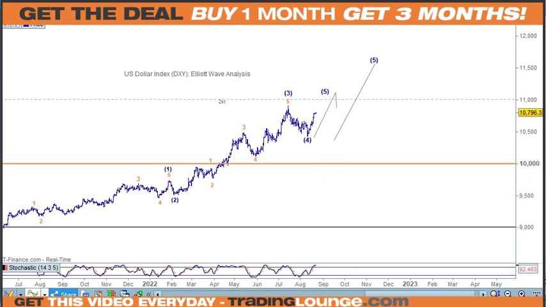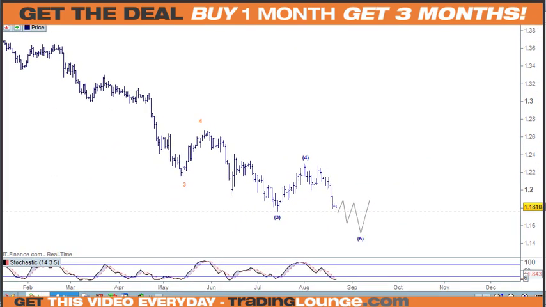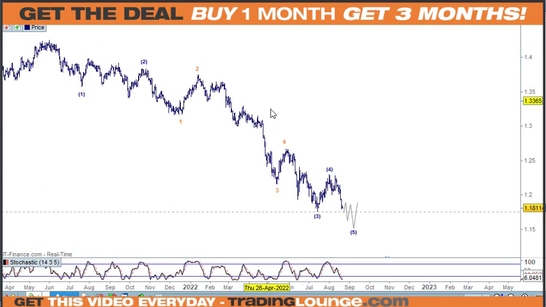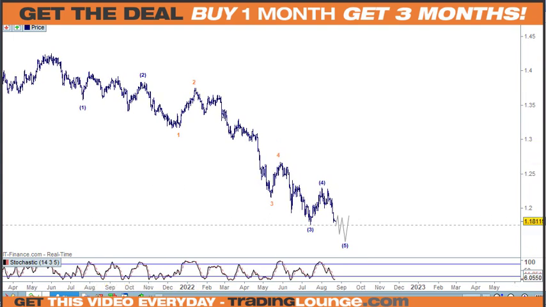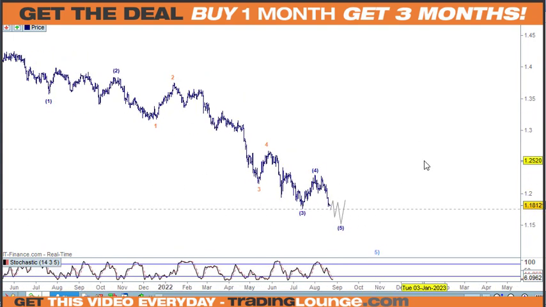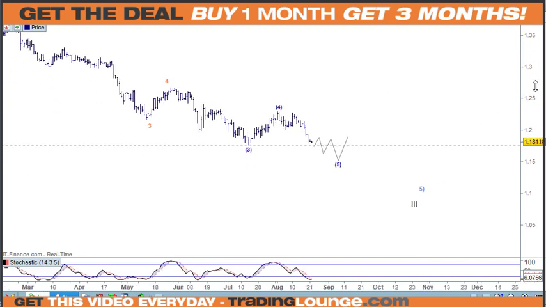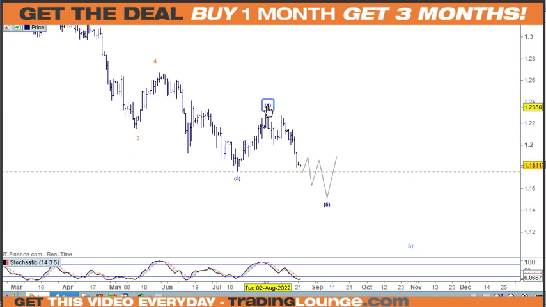And the reason I don't think that's the case is because when I look at the pound here, the cable, well, let's just stay with this here for a moment, shall we? With wave 4 here, we can see that it's really coming down quite close to the bottom here.